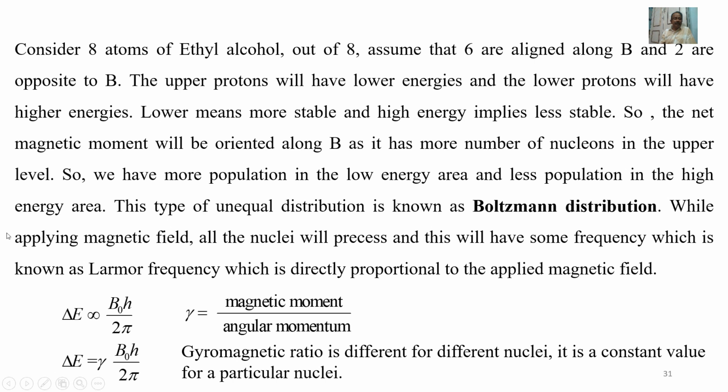So ΔE is directly proportional to the external magnetic field, γ B0 h bar, where h bar is h divided by 2π, and this is equal to some constant. This constant is known as the gyromagnetic ratio, and this is defined as magnetic moment divided by angular momentum. This gyromagnetic ratio is different for different nuclei, and it is a constant value for a particular nucleus.